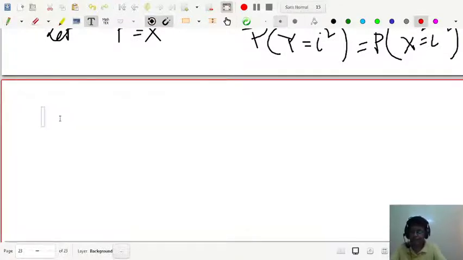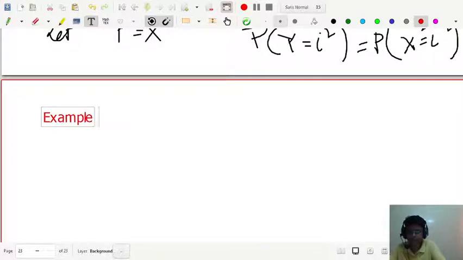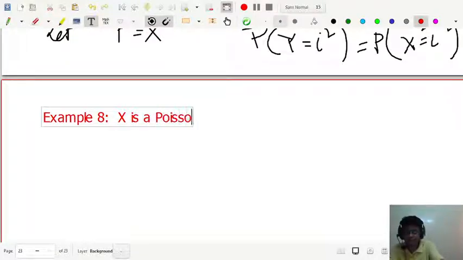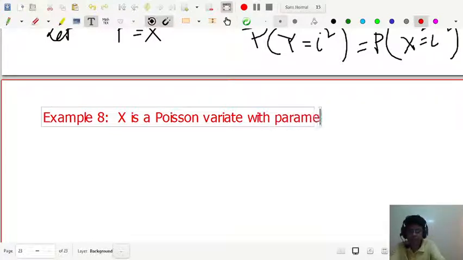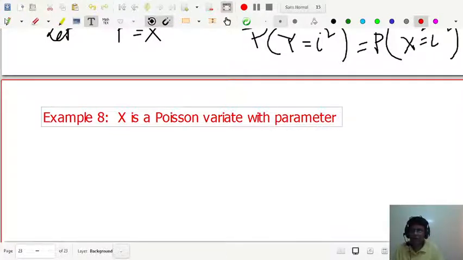Example 8. This is also a very important problem. X is a Poisson variate, so your random variable X is a Poisson variate with parameter mu.